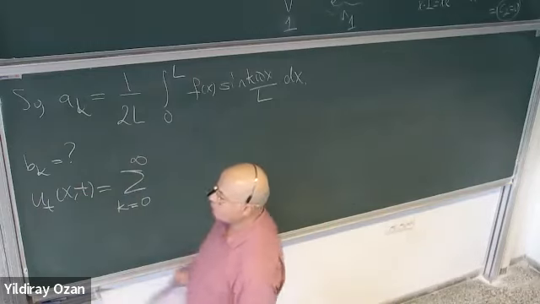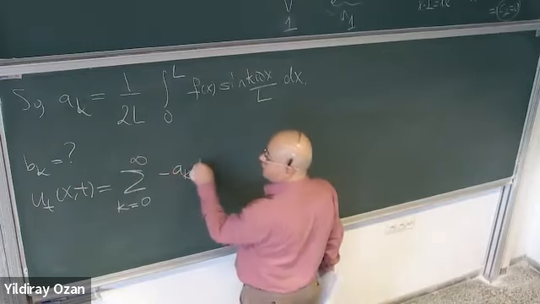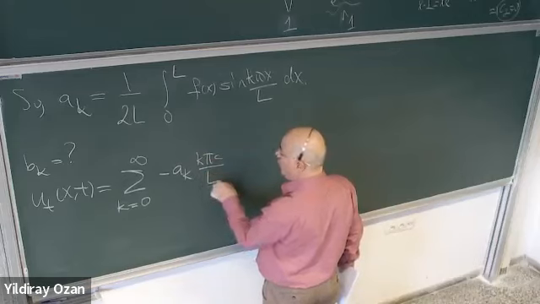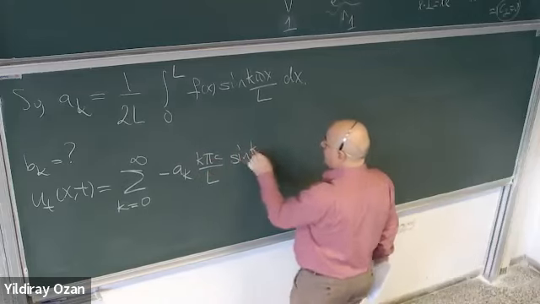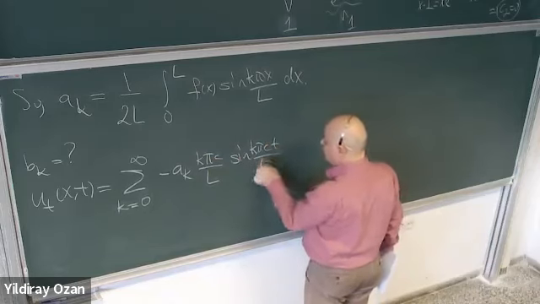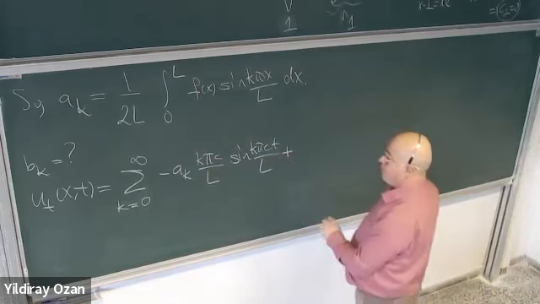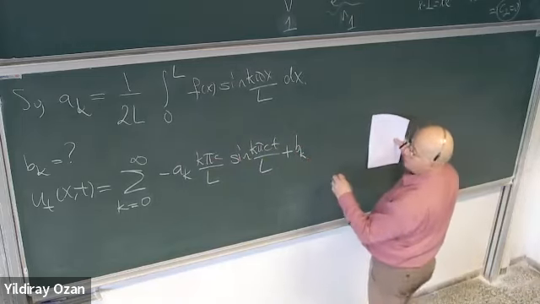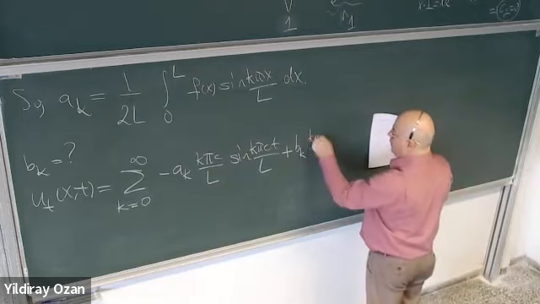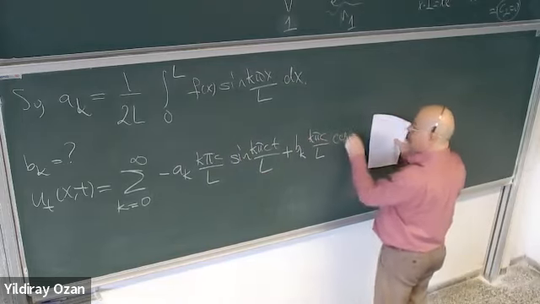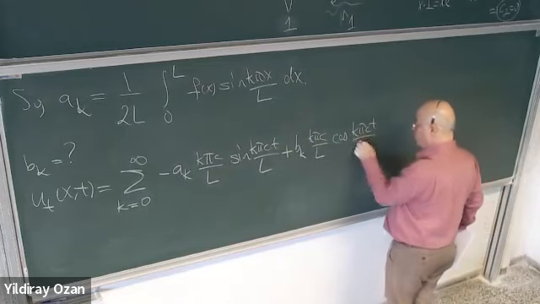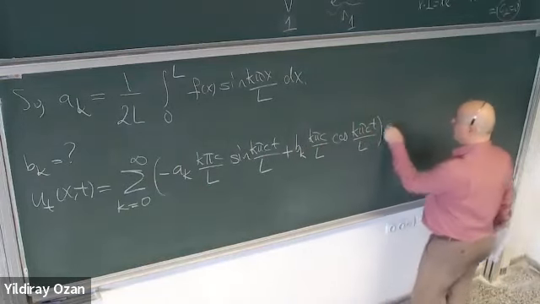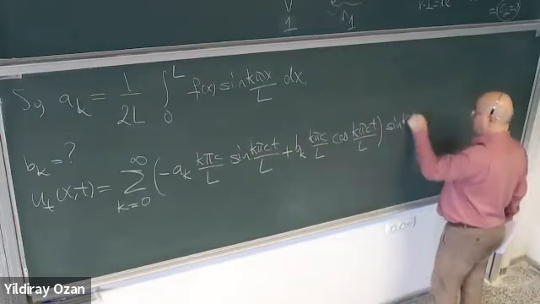When you take the derivative of cosine, you get minus A_K times K pi C over L sine(K pi C t over L), plus B_K, and then you take the derivative, K pi C over L cosine(K pi C t over L), and the whole thing is multiplied with sine(K pi x over L).